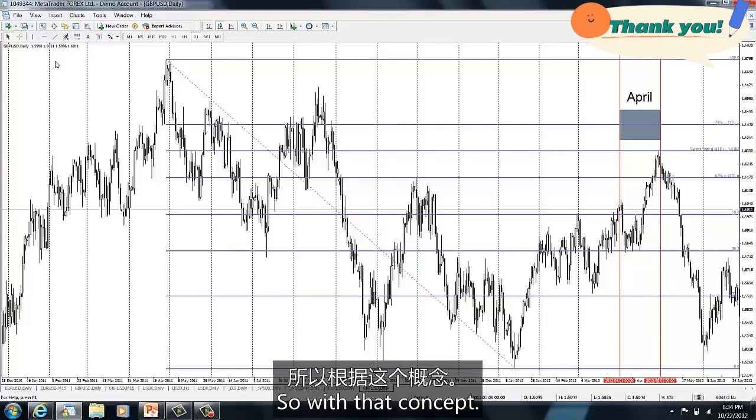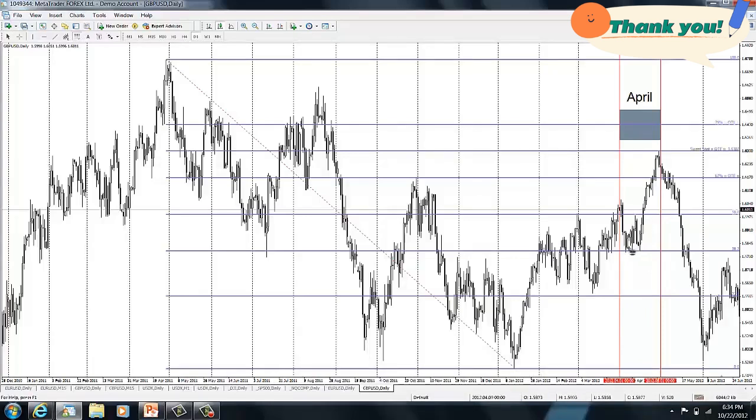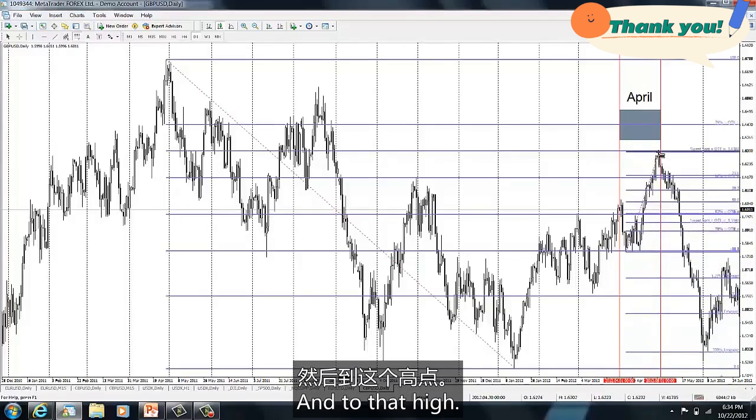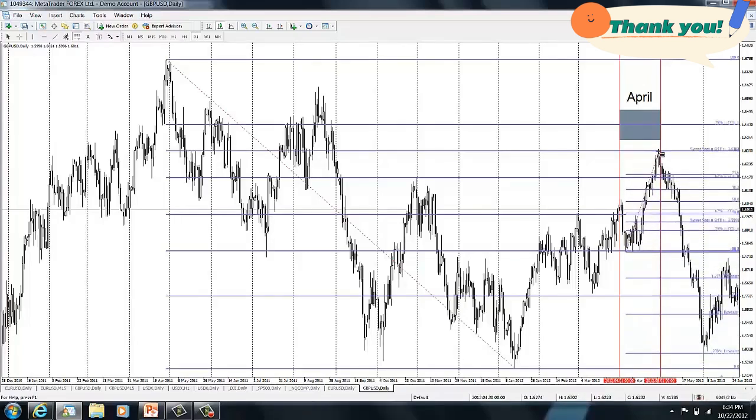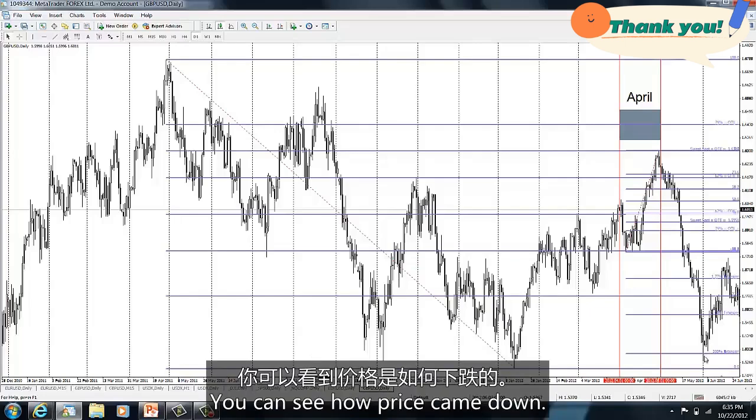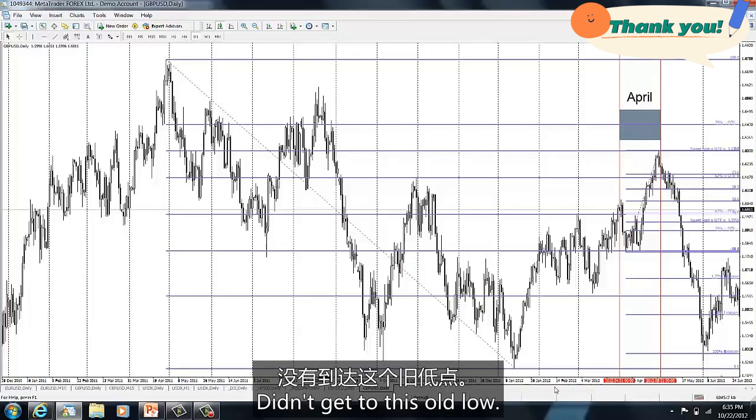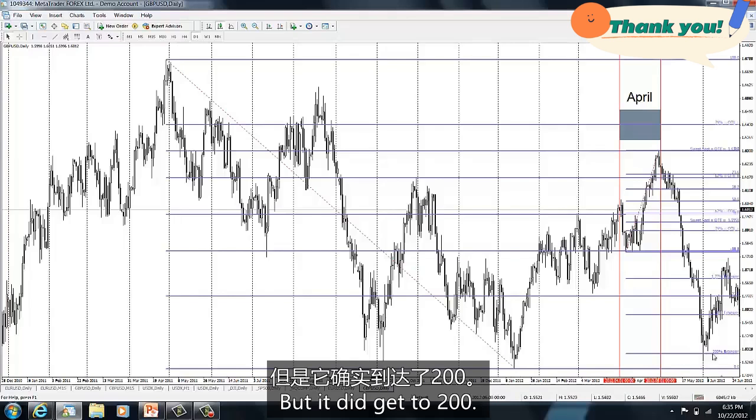Okay, so with that concept, let's take a look at the lowest low candle here and to that high. Okay, and here is the 127 extension, and here's the 162 extension, and then here's the 200 extension here. Okay, you can see how price came down. Didn't get to this old low, but it did get to 200.